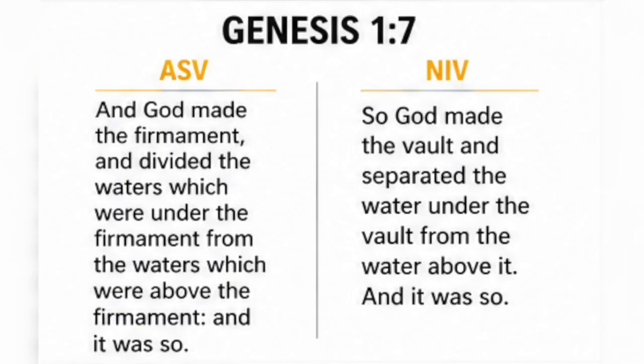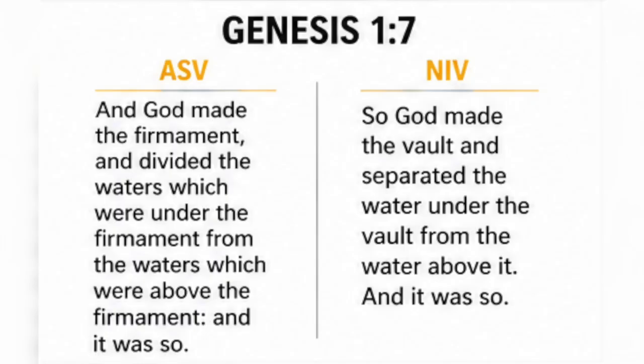Both include this phrase. This is important. It means what God said fully happened. No resistance, no delay. What's happening here? Verse 6, command. Verse 7, execution. God speaks, then it becomes reality.